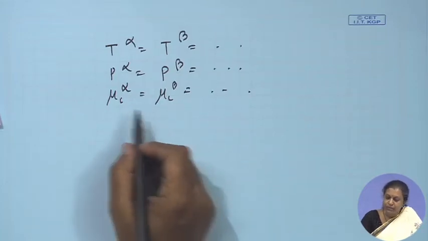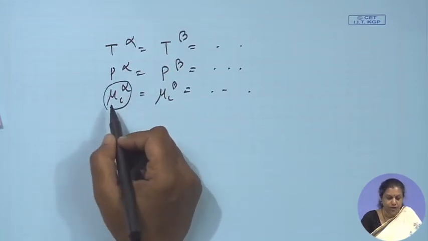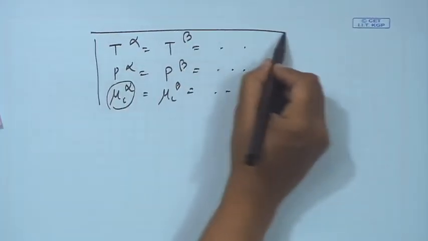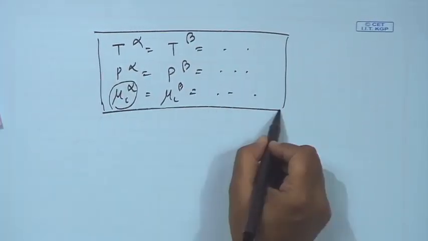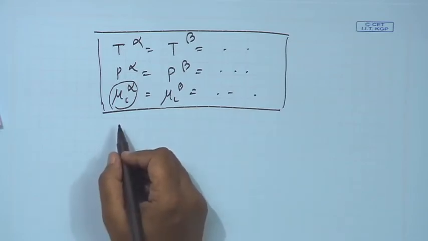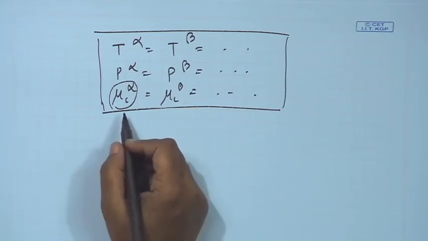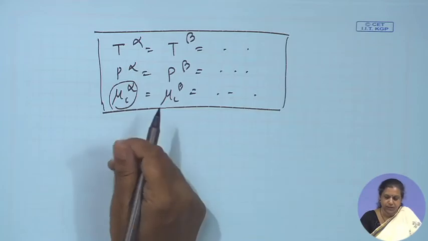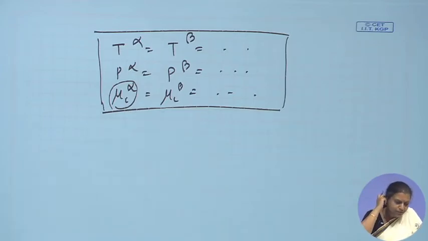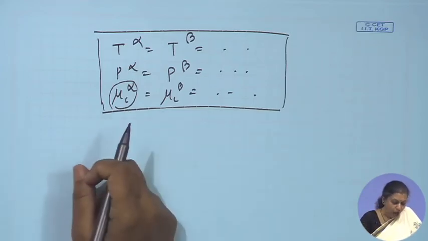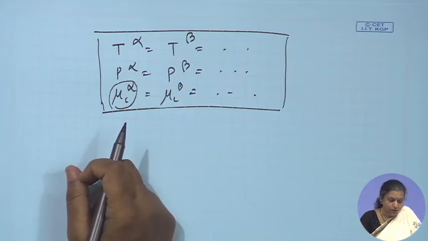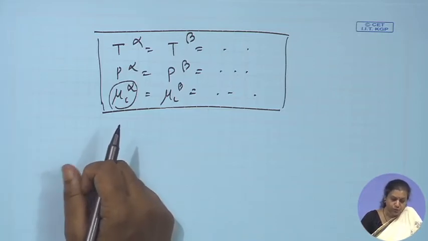So, now since we want to replace mu with fugacity, we should be in a position to reframe the conditions of thermodynamic equilibrium in terms of fugacity. Particularly, we need to reframe the chemical potential condition in terms of fugacity. Let us see how we can do this.